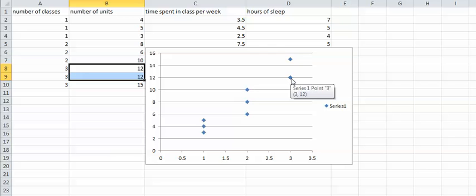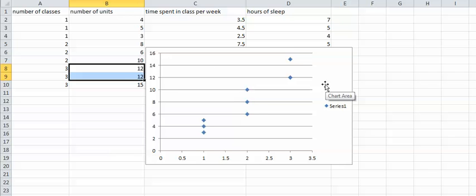This dot is actually 2 people. This dot is the last person who's taking 3 classes and has 15 units, because 3 classes is here, and 15 units is over here on the left.